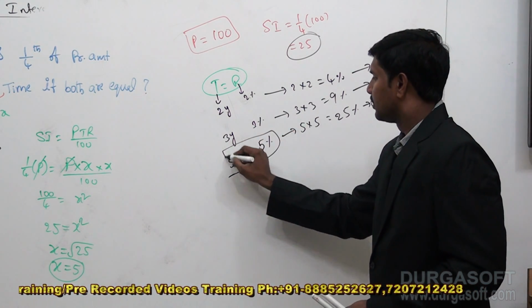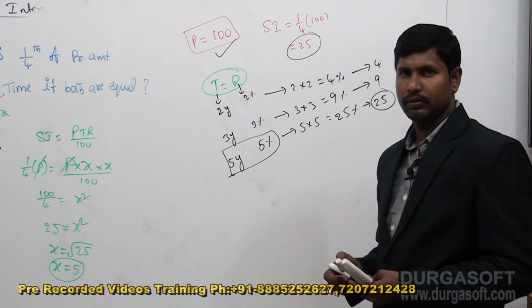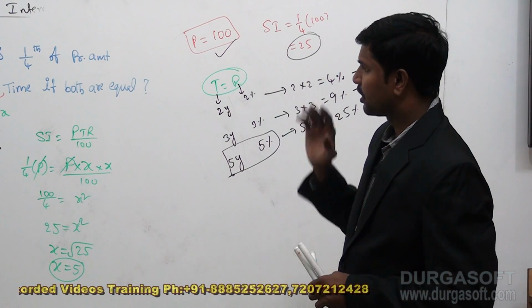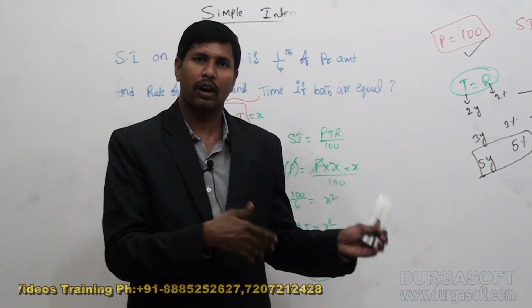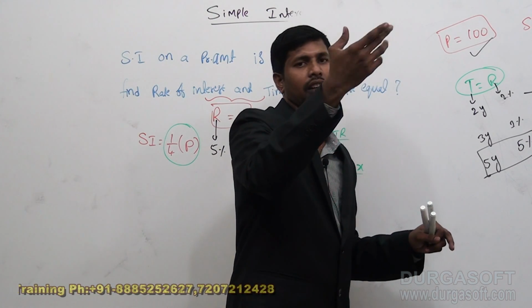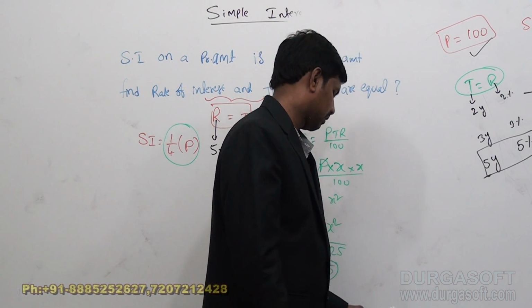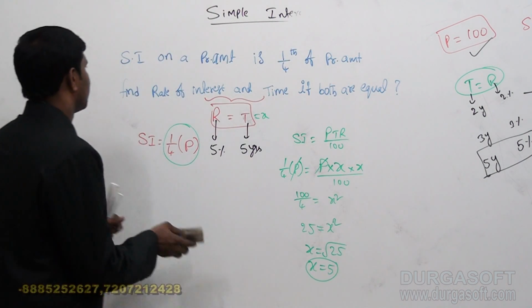Simply you can check through this example. Like this you can find out the required rate of interest or time. Whatever it is, you will get the same answer. Even through the options you can find it out. If the time is 5, you should consider the rate of interest also 5. 5 years at 5% means 25%. So you will get the required answer. 1/4 is nothing but 25%.